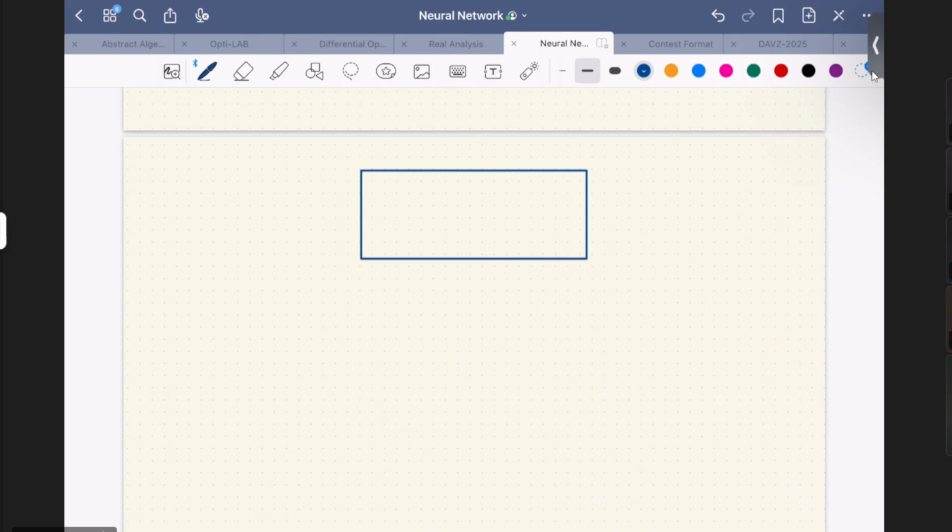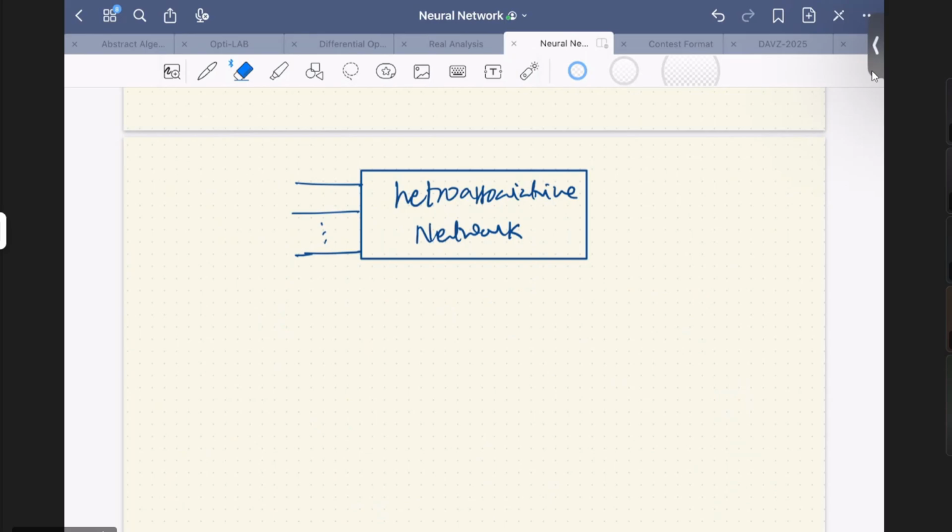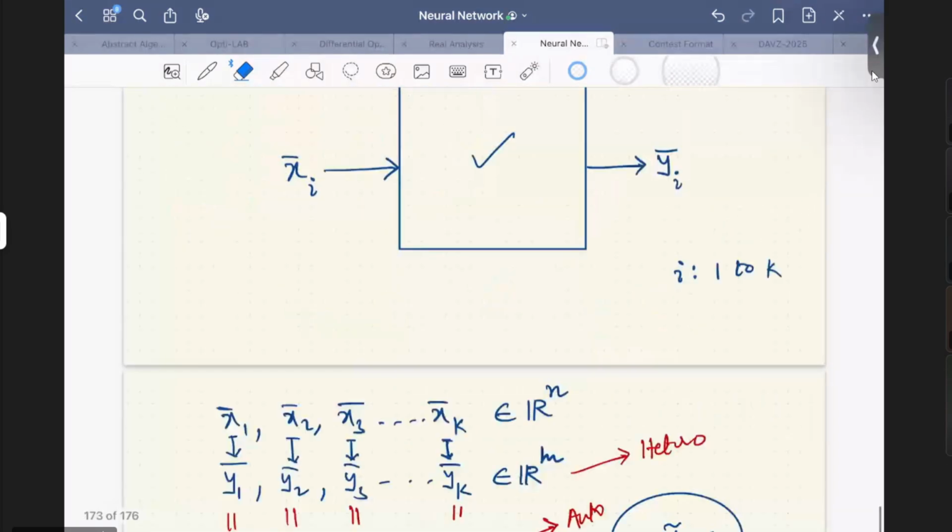A hetero associative network is a kind of, suppose, this is x1 bar, x2 bar, and there are, okay, one input and one outcome.